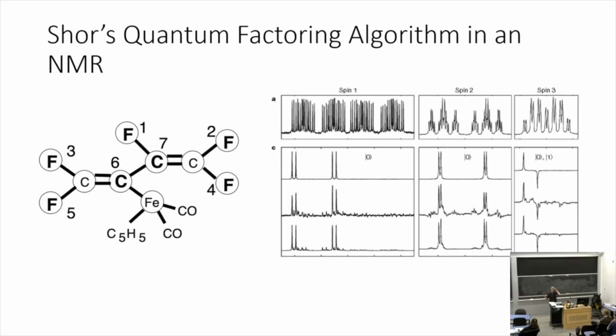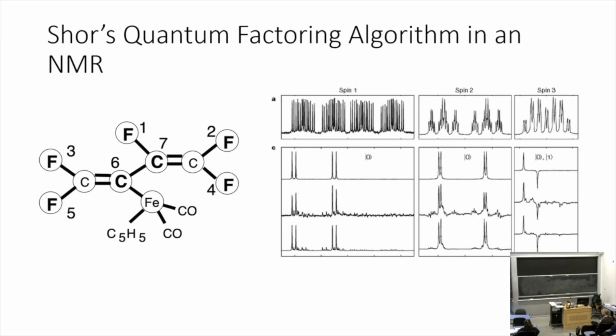And this is the result. So the result is that they have qubits 1 and 2 in the 0 state. So their lines are positive going in the NMR spectrum. And then qubit 3 is in an equal mixture of 0 and 1. So you get a positive signal and a negative signal.